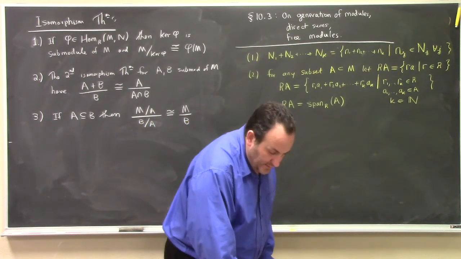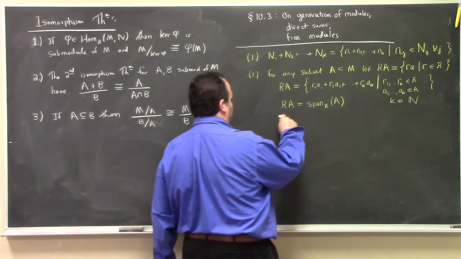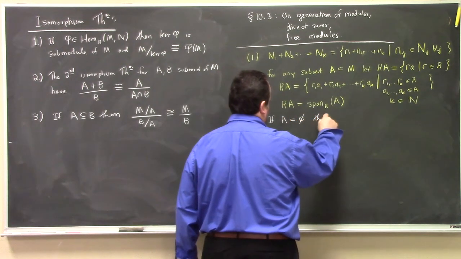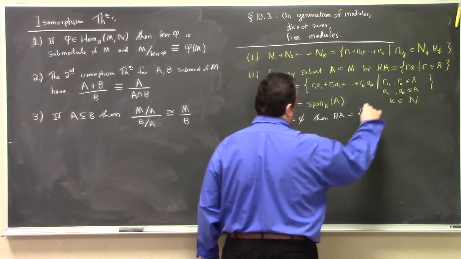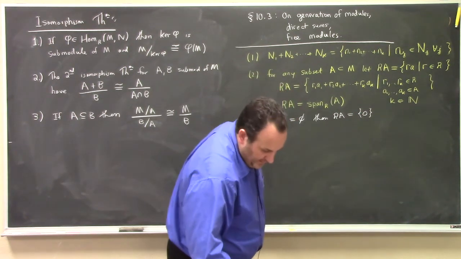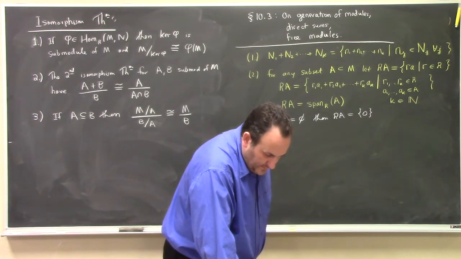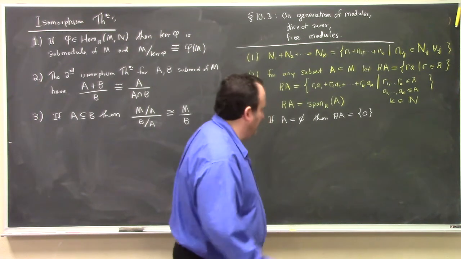Where by convention, if A is the empty set, then RA is just the set containing 0, okay? We will call RA the submodule of M generated by A.